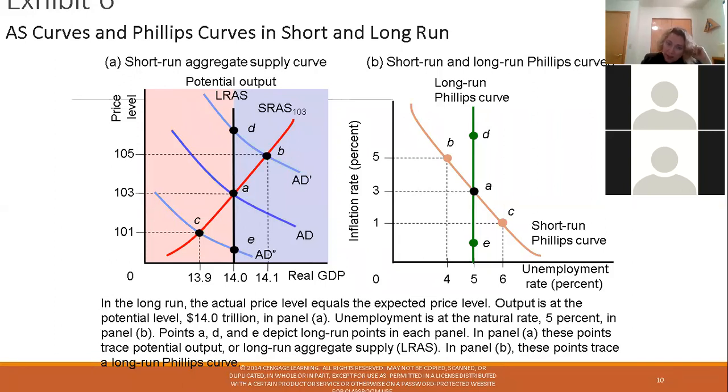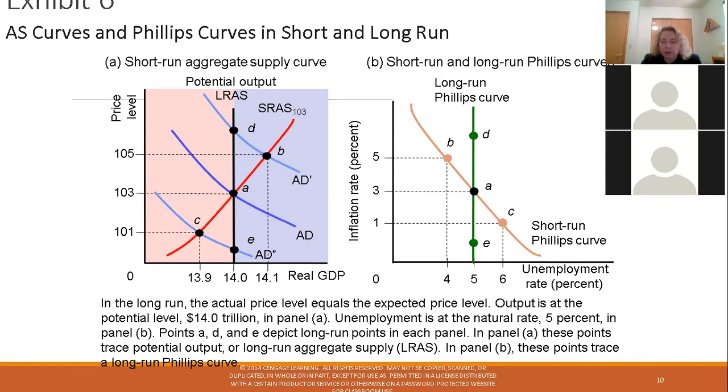Does anybody have any thoughts on that? In the long run, we end up back at potential output, right? So we end up back at full employment in the long run, don't we? Because full employment happens at potential output. In the long run, there is absolutely no relationship between inflation rates and unemployment, because we end up back at the same place.